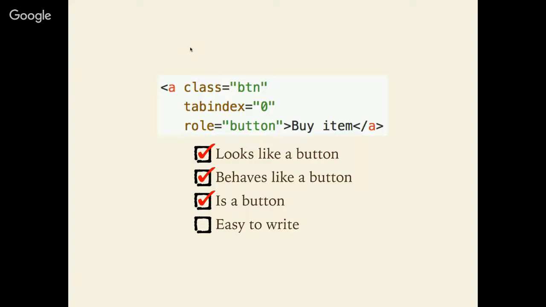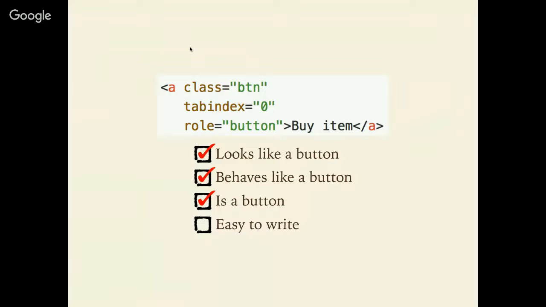On the next slide, we have the same anchor code piece, but we added a tab index of 0 again to make it focusable. And we also added a role equals button to expose it as a button to assistive technologies. But now in the checklist, there's a check next to looks like a button, behaves like a button, and is a button.